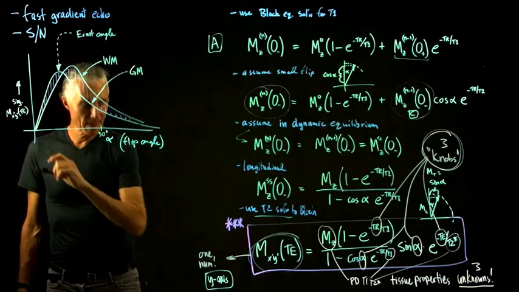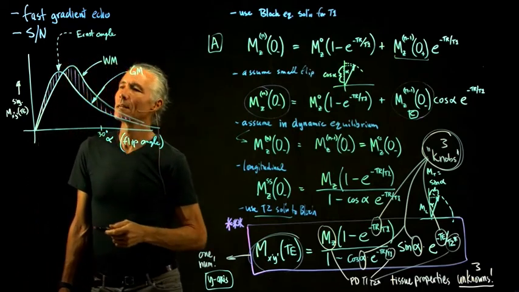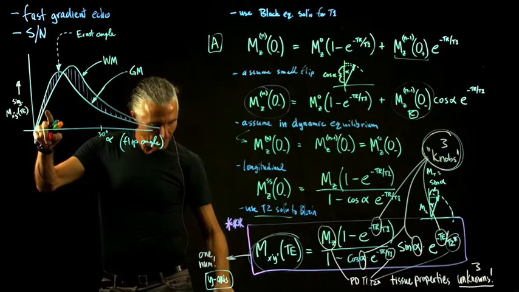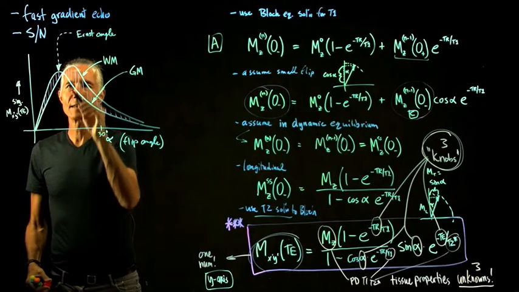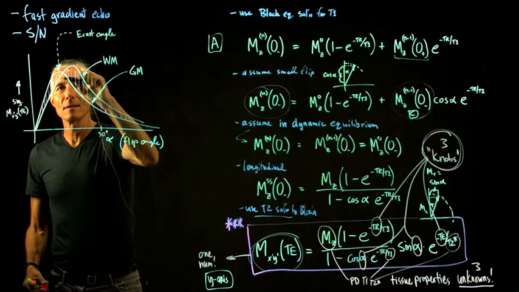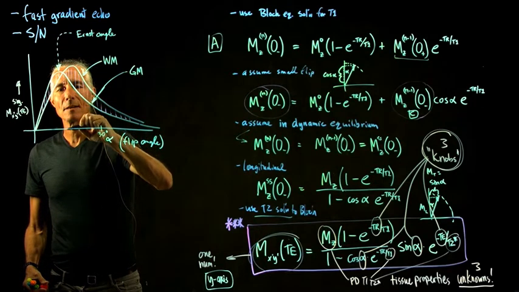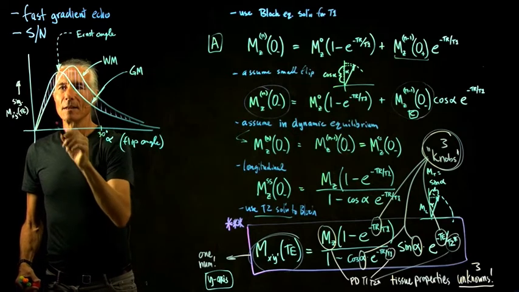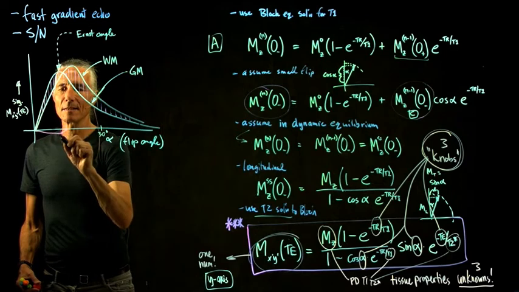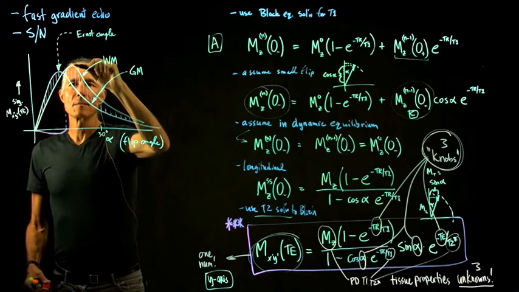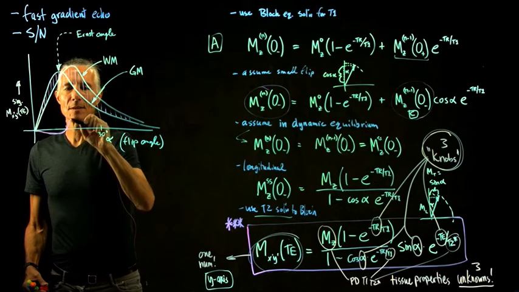I plotted it white matter minus gray matter. So it's going to be 0 here, and it's going to be negative here like that, and then 0 here, and then the peak is going to be probably somewhere about here.